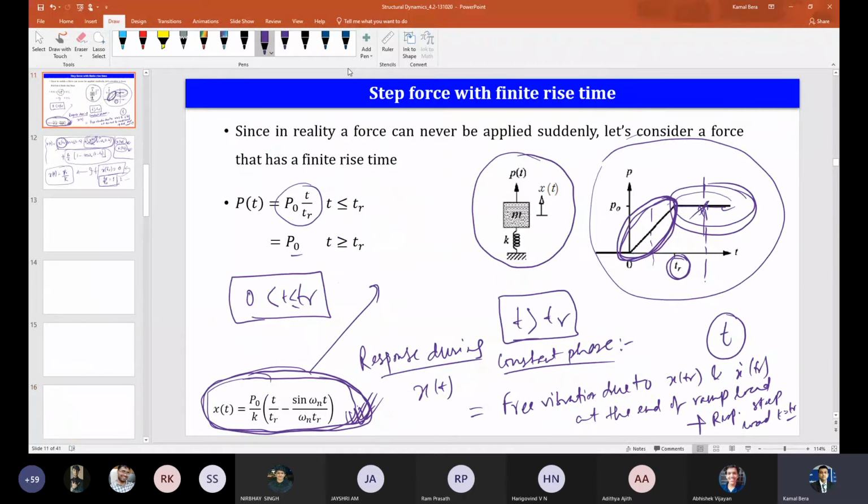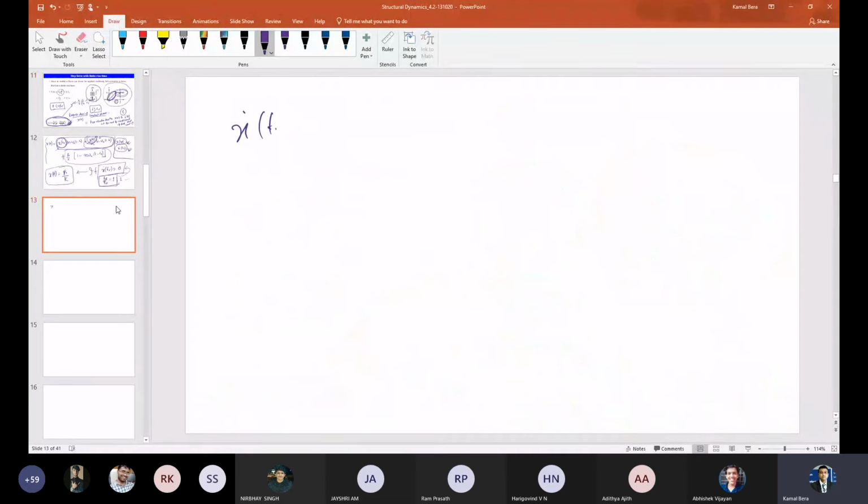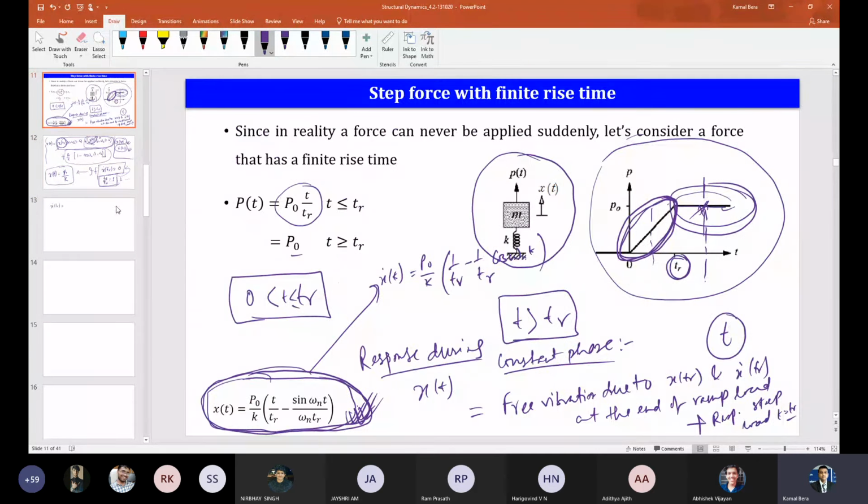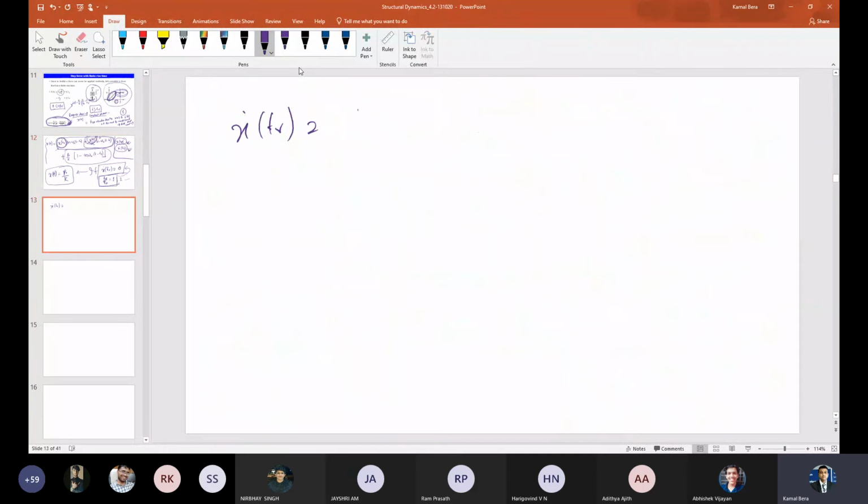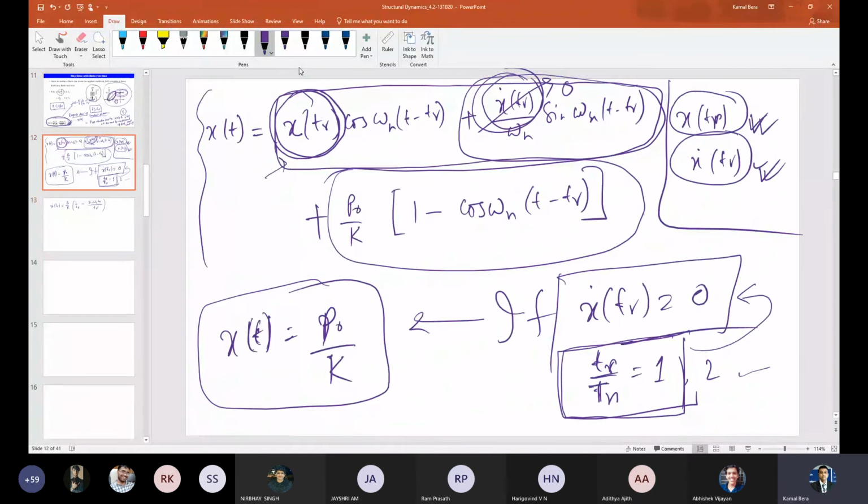So if this is x t, I can find very easily x dot t is equal to P naught by k, 1 by TR, and then omega n also vanishes, so 1 by TR cosine omega n. So this is x dot t. So x dot TR will be P naught by k times 1 by TR, times 1 minus cosine omega n TR, if I am correct.